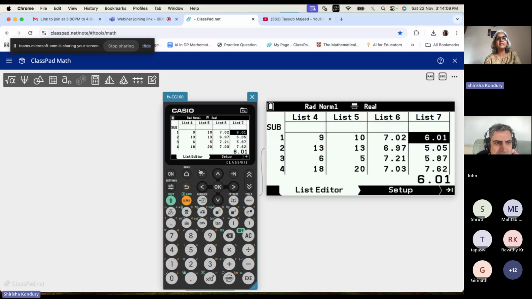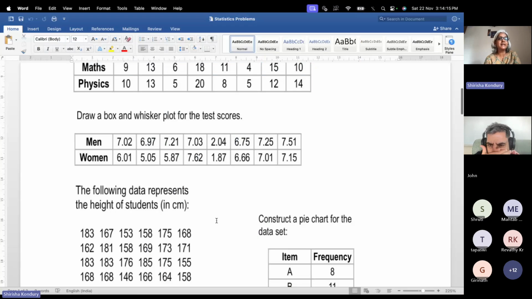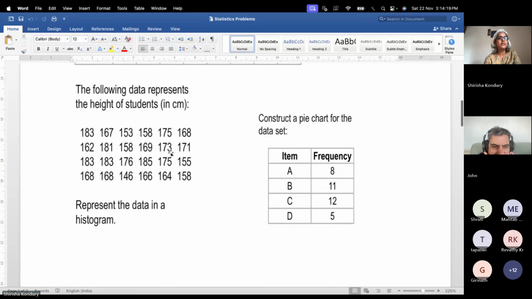Can go back, and what if we needed to look at a histogram, because that's another thing that often comes. And here, this is the data that I'm trying to graph for a histogram. Now, for a histogram, we know that these are bar graphs. So I need to understand what is the minimum value that I need to start with and what kind of bins or range of values that I need for each of the bar to be graphed.